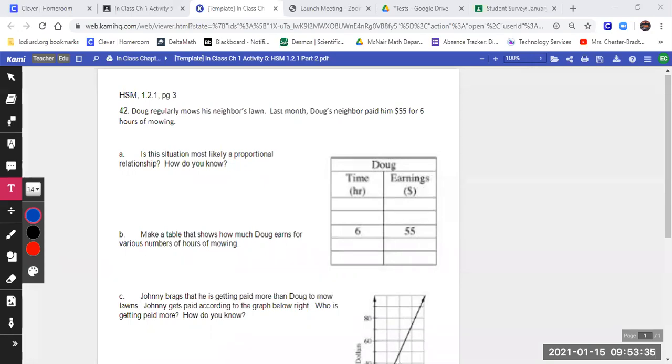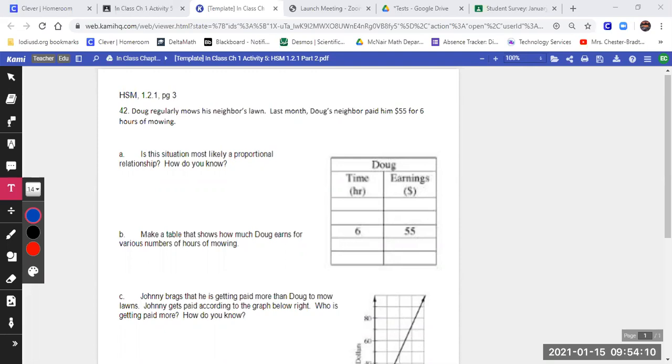We spelled it out in words. So what was so special about yesterday's proportional table?